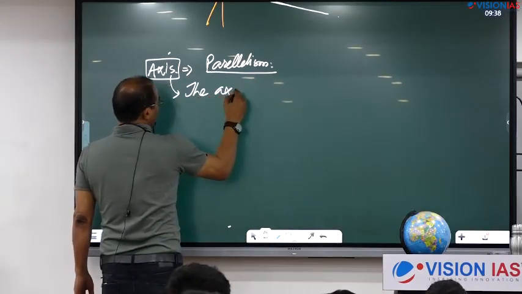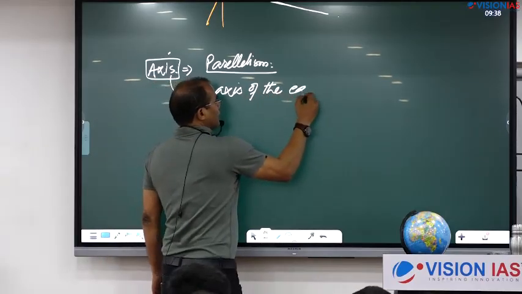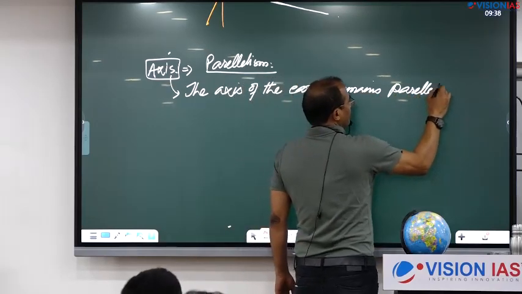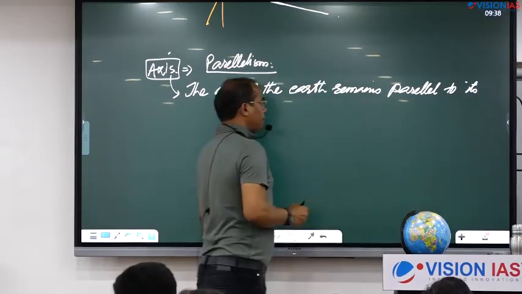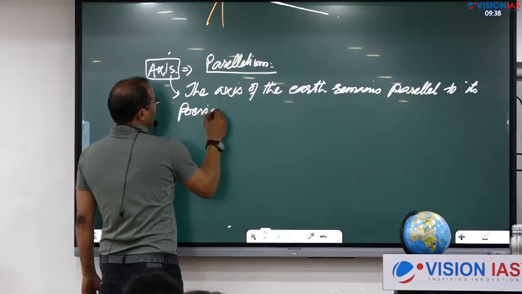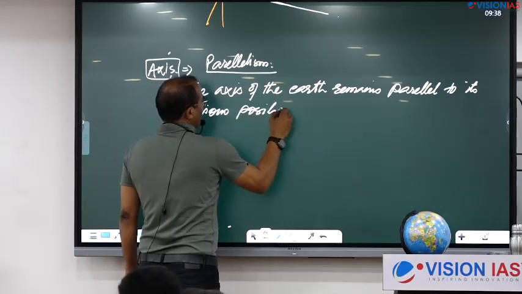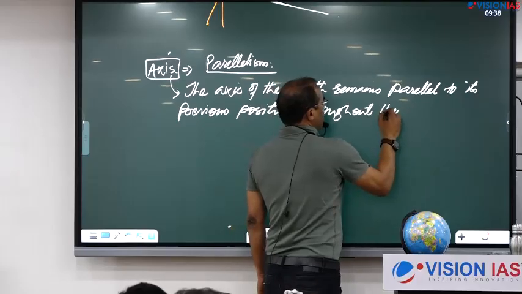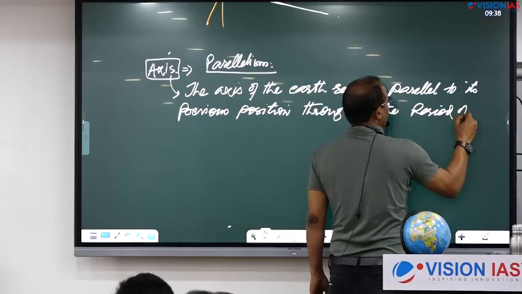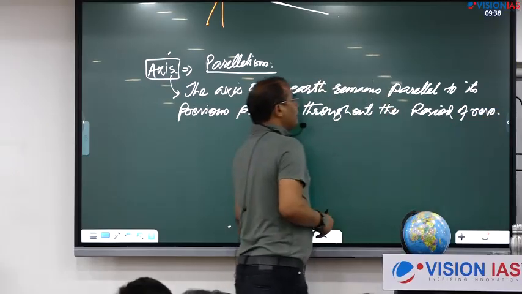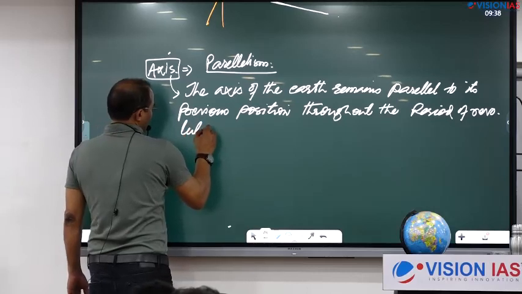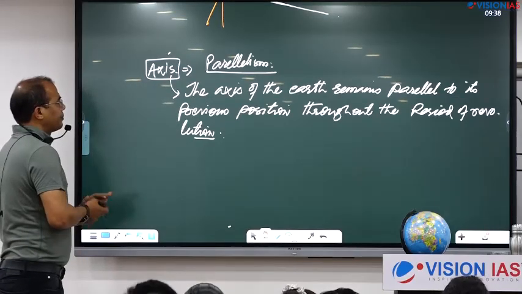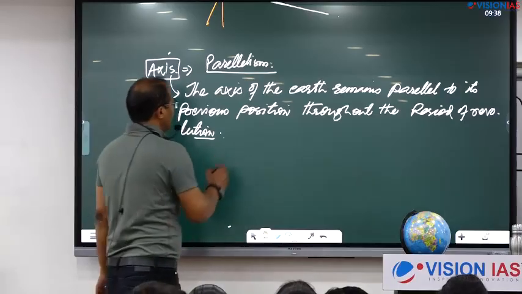The axis of the Earth remains parallel to its previous position throughout the period of revolution. That is called parallelism.